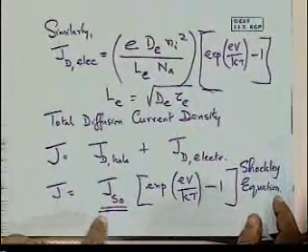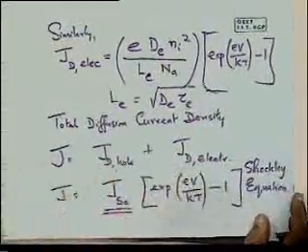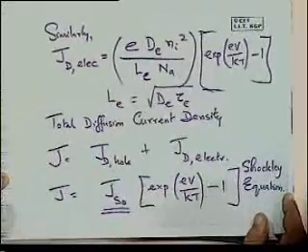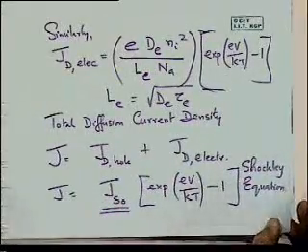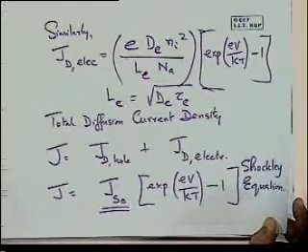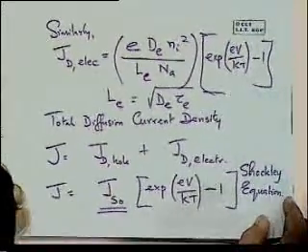J equal to J_S0 is a similar equation as we had earlier for the Schottky junction, incidentally. So don't get confused with the Schottky and Shockley. Shockley is a different person altogether.